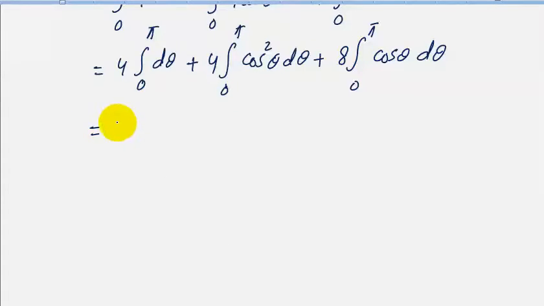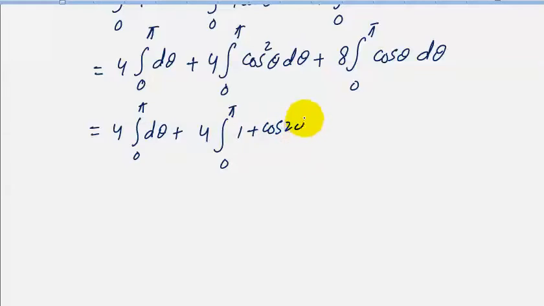This is equal to 4 times integration 0 to pi d theta plus 4 times integration 0 to pi, as cos square theta is equal to 1 plus cos of 2 theta upon 2, d theta, plus 8 times integration 0 to pi cos of theta d theta.